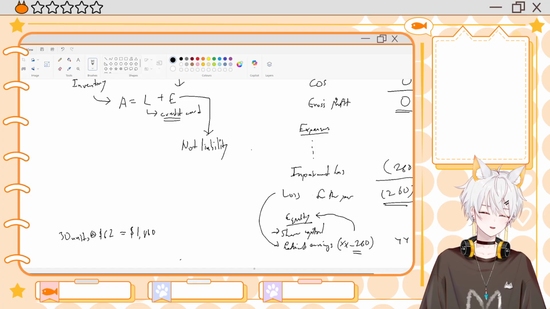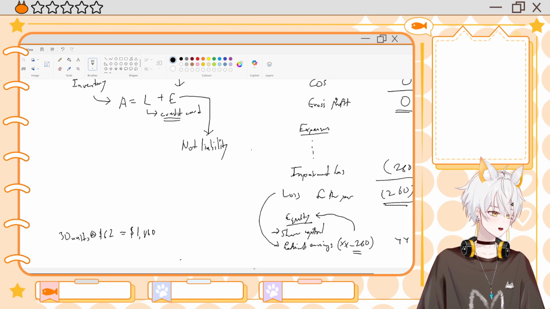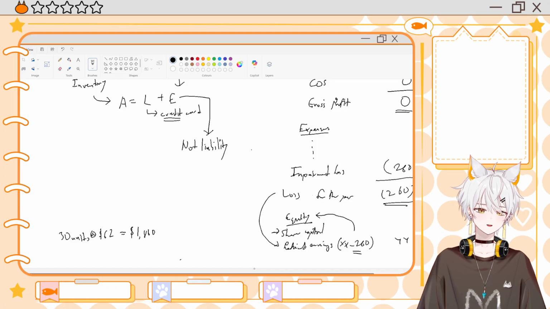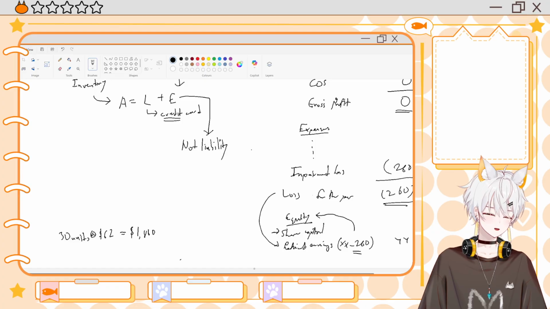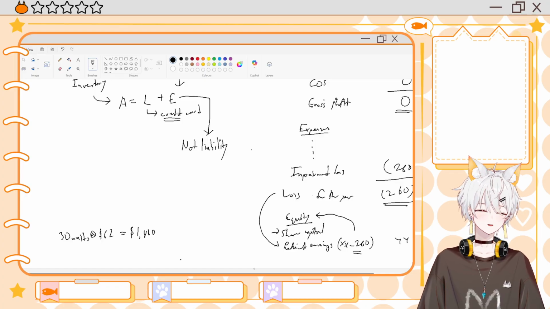No. So it's not liability and it's not an asset, because the company received the 1,000 in cash, but where did the 1,000 come from? It doesn't come from liability, therefore it came from equity. So that essentially is how you can classify.